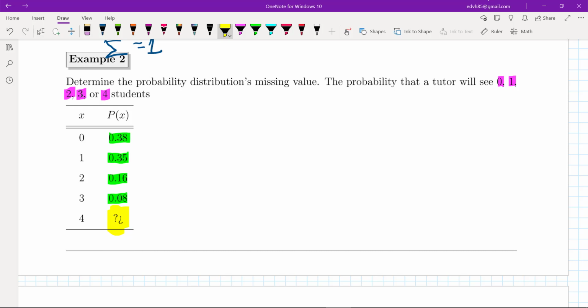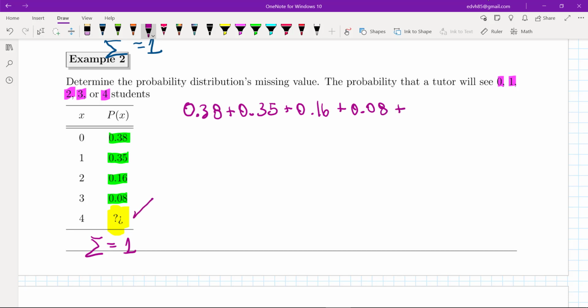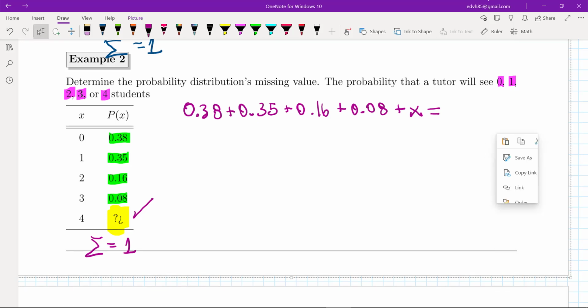Well, you need to recall that the sum of all these values has to be equal to 1. That is 0.38 plus 0.35 plus 0.16 plus 0.08 plus the missing value, which in this case you can call x, that has to be equal to 1.